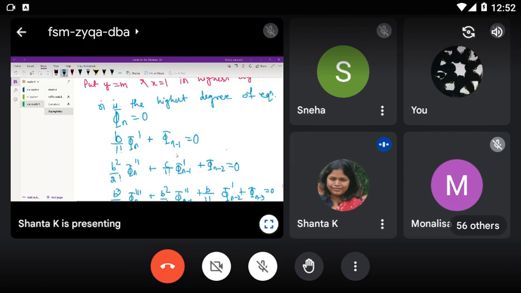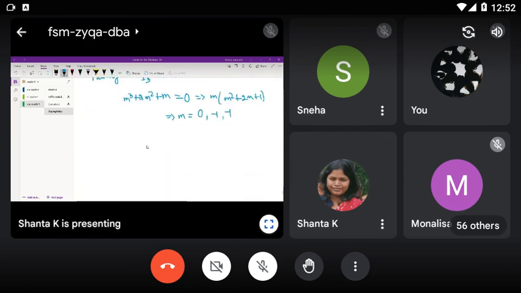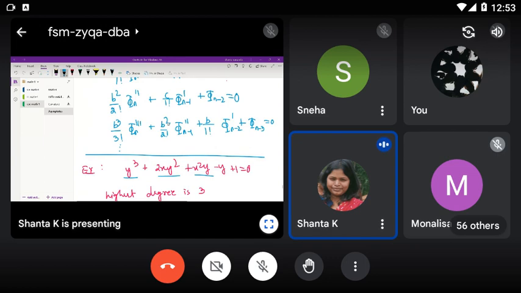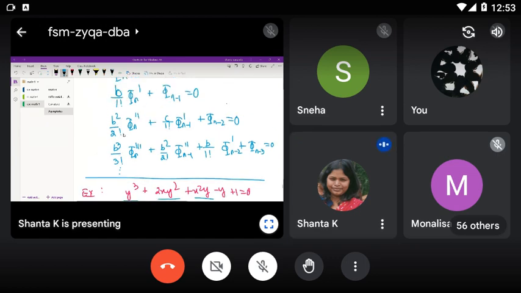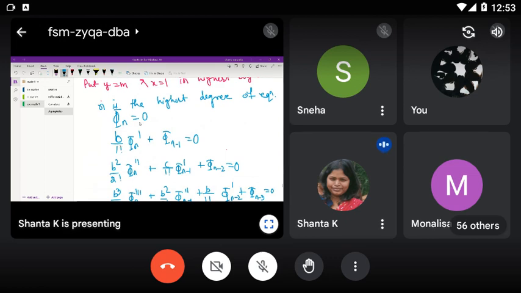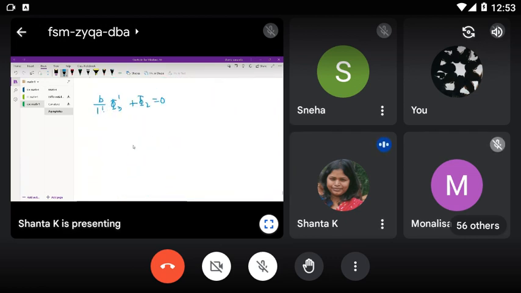Now we will look at this one, b by 1 factorial plus b square by 2 factorial. Whenever you go for the second derivative, b square, third derivative, b cube. If you get it from the second one, there is no issue.